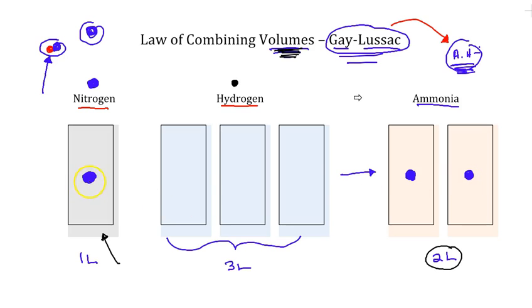Since we only have a box or 1 liter of nitrogen, and we have 2 liters of the ammonia, which is made with nitrogen, the 2 boxes are telling me they're twice the number of particles. Well, 1 can't split into 2, so this tells us that nitrogen was diatomic. It bonded to itself, and the chemical formula, party people, is N2.